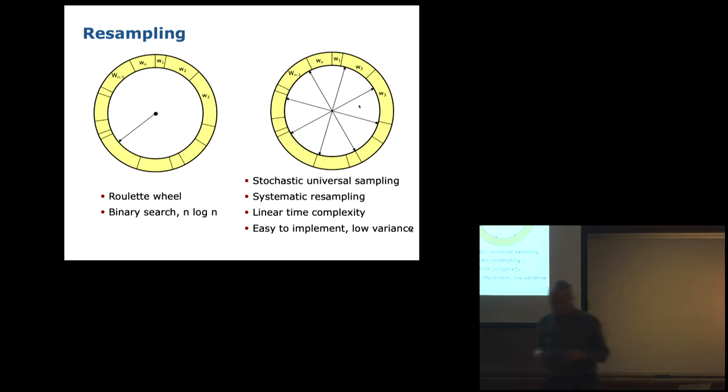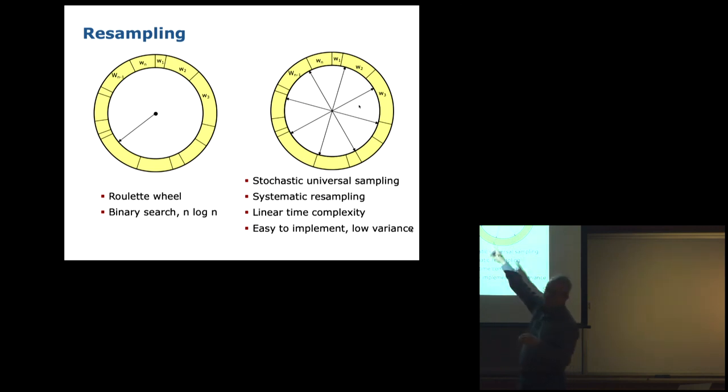So let's assume we have a weighted set of particles. And it doesn't matter now whether the weights are uniform or non-uniform. We just perform resampling operations. So let's assume we have a set of particles, we perform a resampling operation, and then we repeat the resampling operation. Although these particles have uniform weights already, nobody hinders us from doing this.